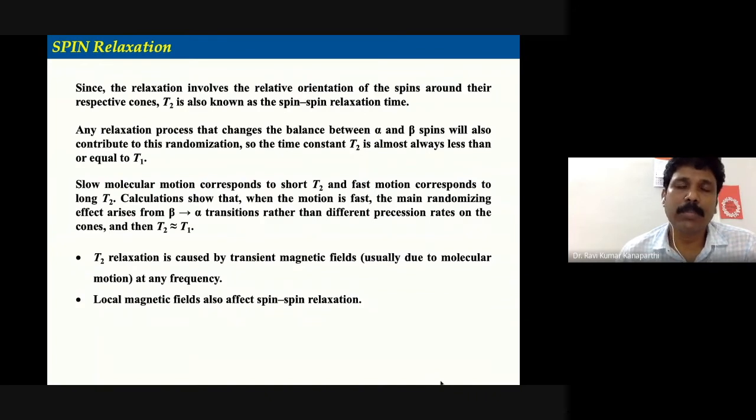After the pulse, the beta spins are more, so they will try to go back. That means most of the spins will occupy the alpha spin state as compared to the beta spin state. This process of the inverted population returning to the original population is referred to as longitudinal relaxation.